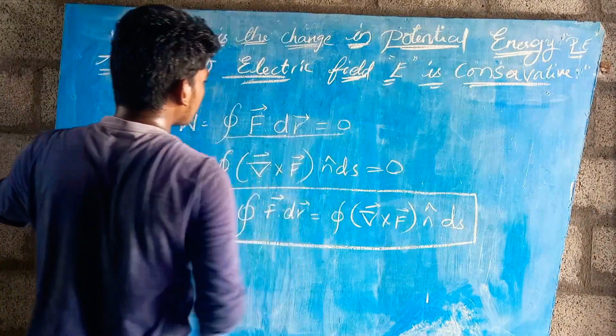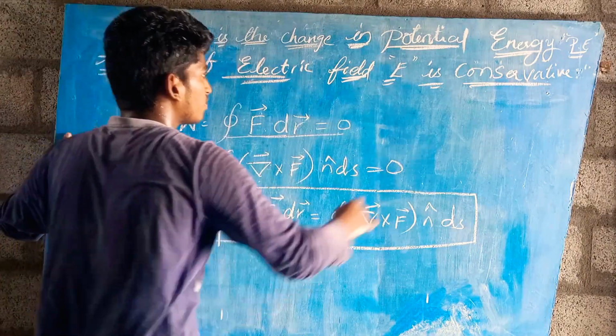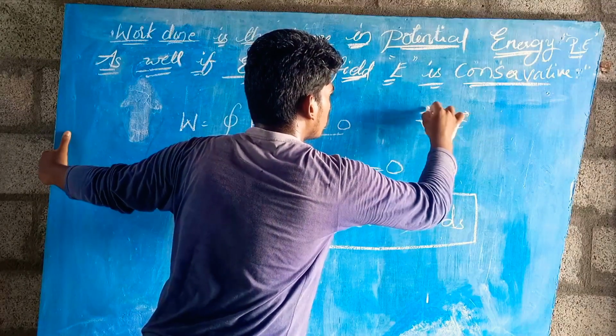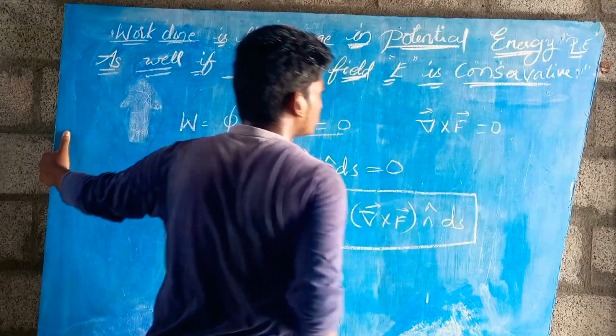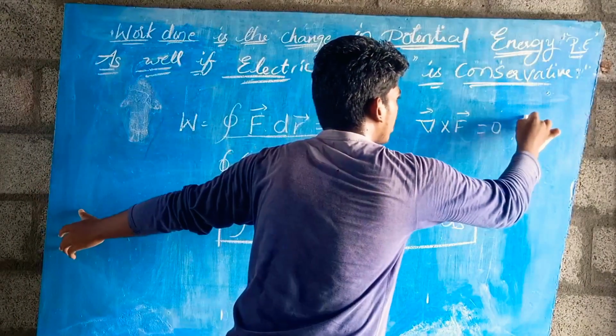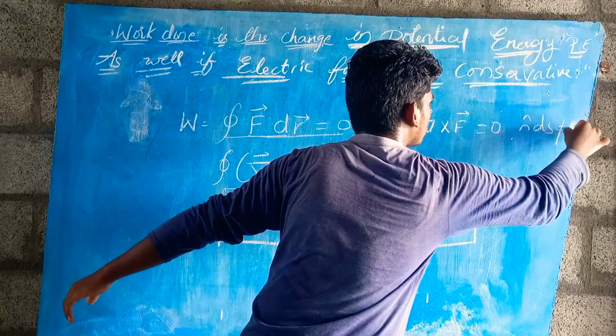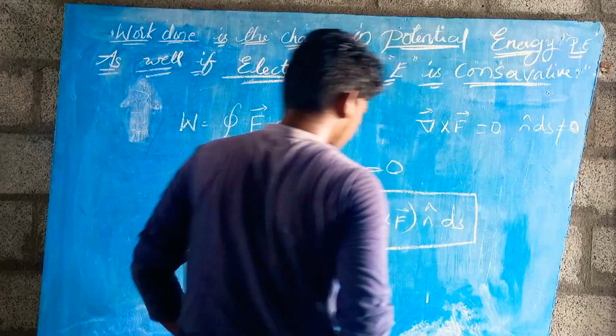This is only possible if del cross F is equal to 0, as n cap dS is not equal to 0.